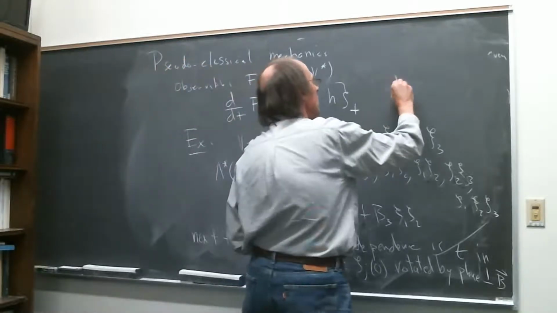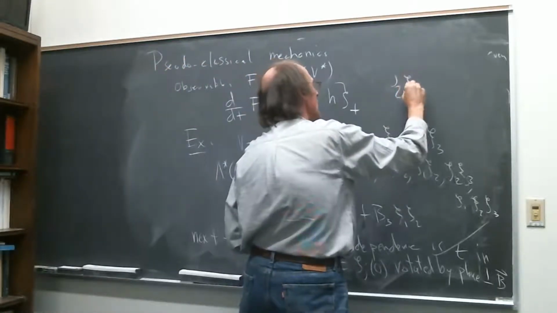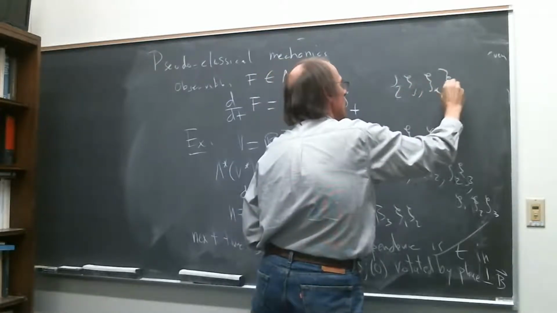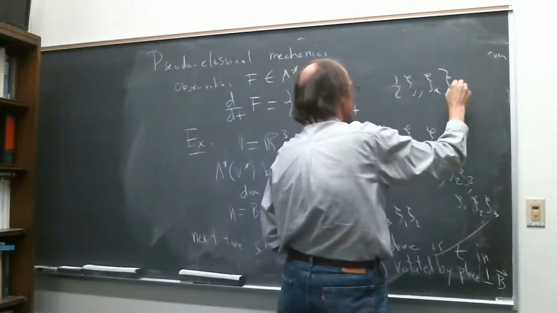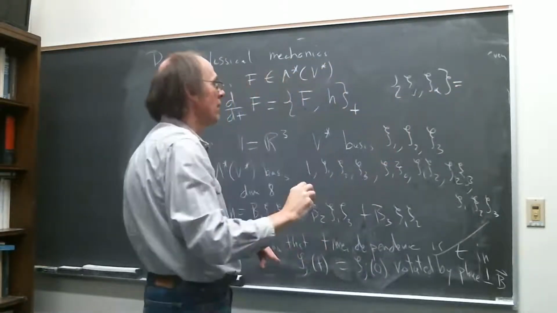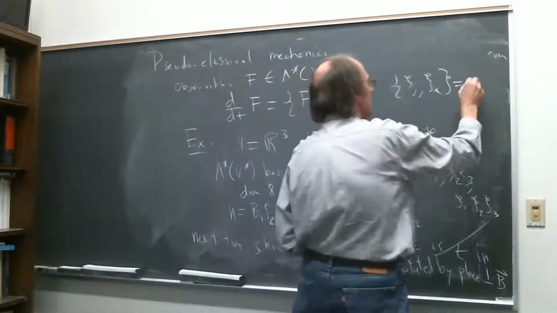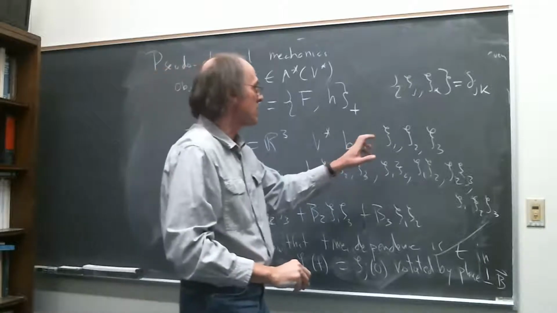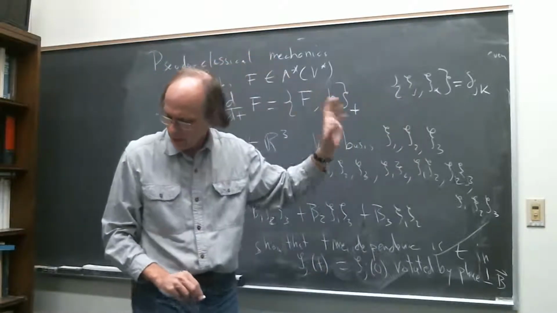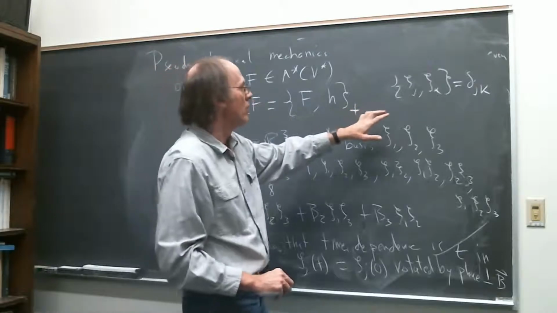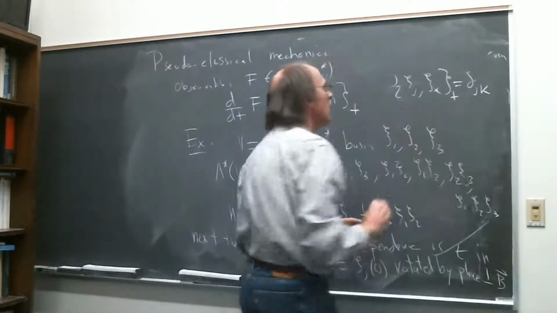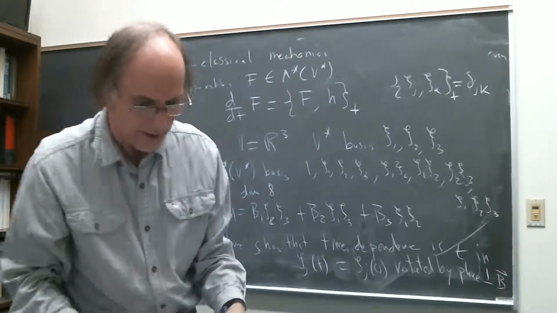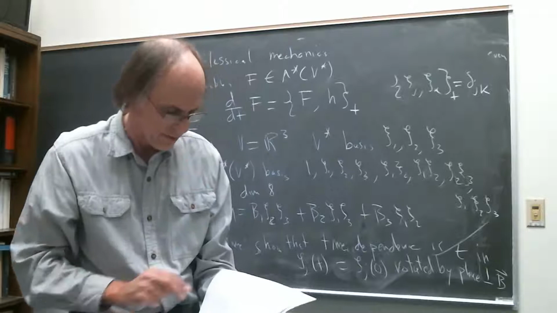So this guy, J, K, and what you're defining this to be is delta JK. Now I'm worried whether I need the 2 there.